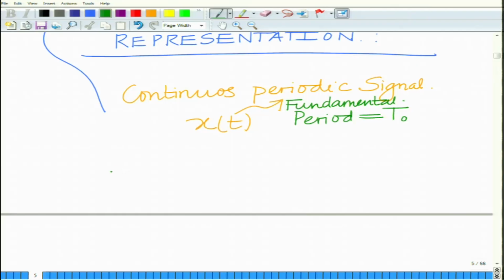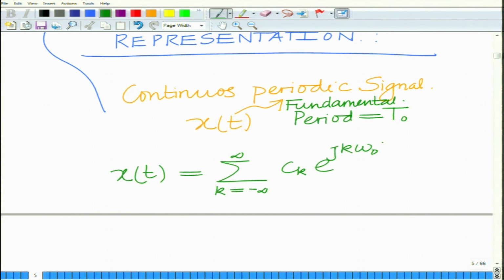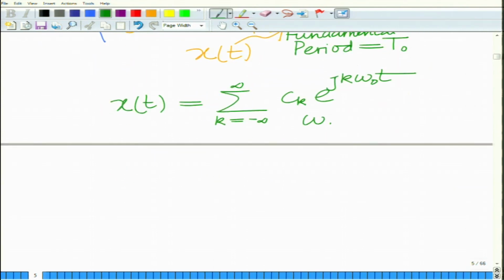So, x(t) can be represented as the summation k equals minus infinity to infinity of C k e raised to j k omega naught t.